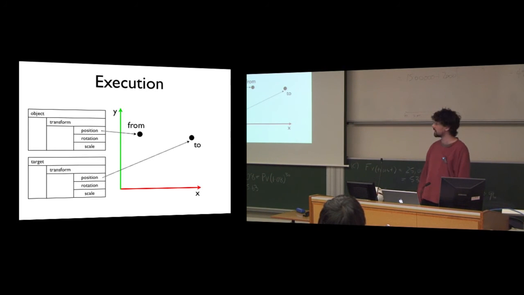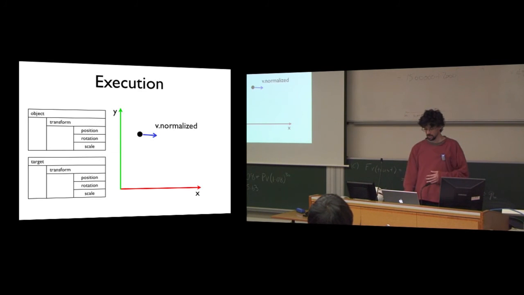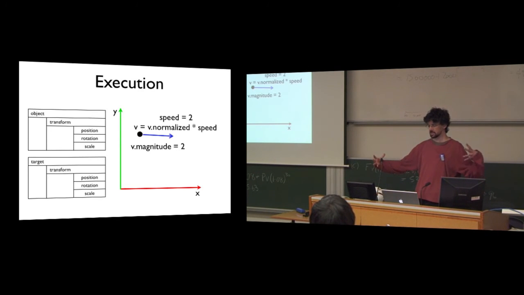We take the vector v, which is the direction from from to to. I don't know why I named them those things. We then normalize that to reduce it to length 1, so that its magnitude is now 1. We then multiply it by the speed, and so if the speed was 2, we would now have length 2.